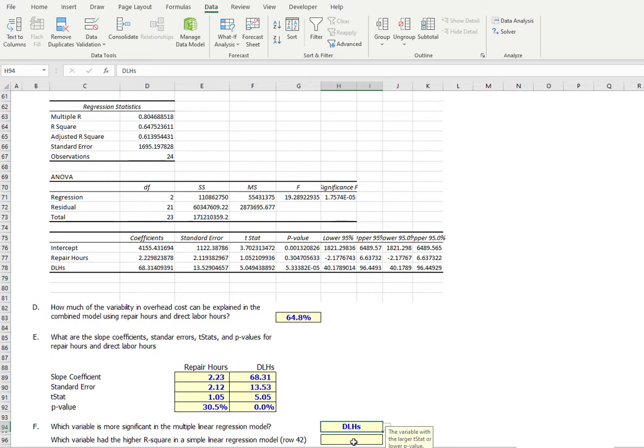And that, of course, was the same result we found up above in row 42 for our simple linear regression model. And that's not surprising. We would expect a variable that shows stronger relationship with our overhead costs in a simple model would probably also have more explanatory power in a combined model. That won't always be the case, but typically is.